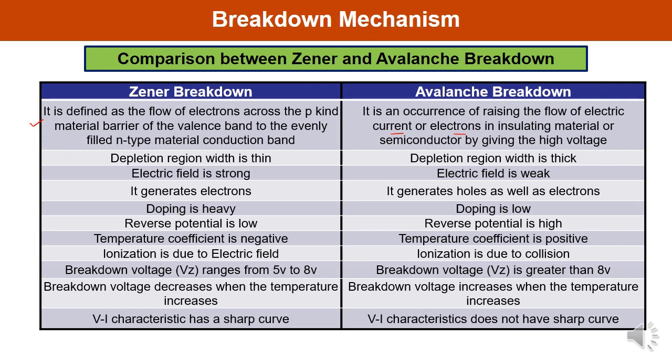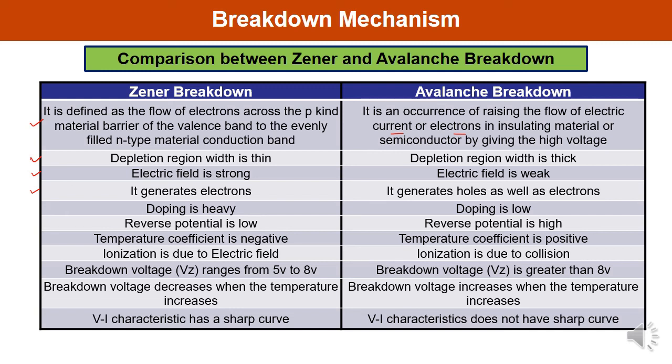In case of Zener breakdown, the depletion width is thin, while in case of avalanche breakdown, the depletion region is thick, relatively wide. For Zener breakdown, the electric field is strong, while for avalanche, the electric field is weak. Zener breakdown generates more electrons, while avalanche breakdown generates electrons as well as holes.